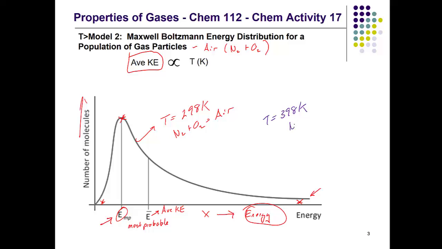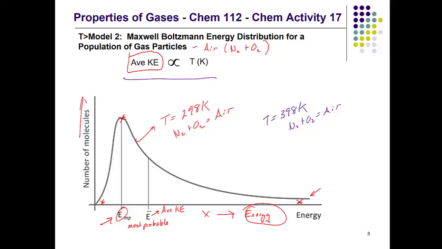It's still going to be the same population of gas particles. So in other words, we're talking about the gases and air. And one of the things I want to emphasize is the area under this graph has to stay constant. So the area under this graph represents the total number of particles. And as you might imagine, as the temperature in Kelvin increases, the average kinetic energy should also increase.